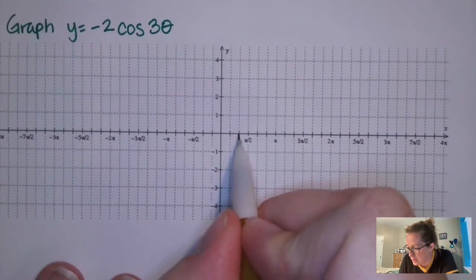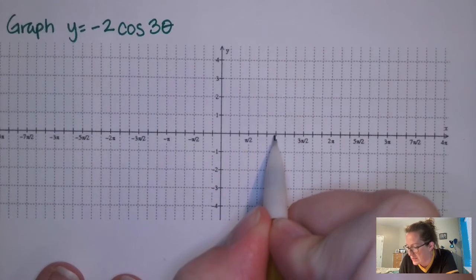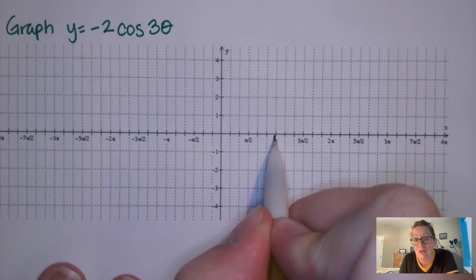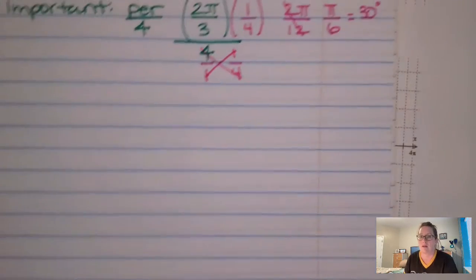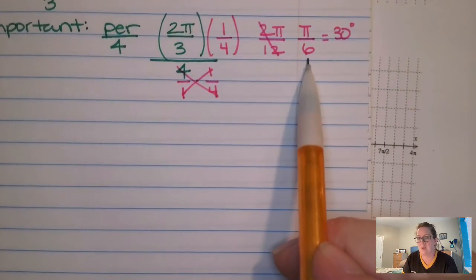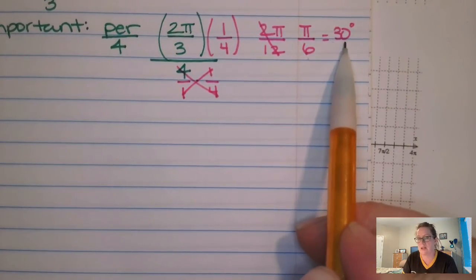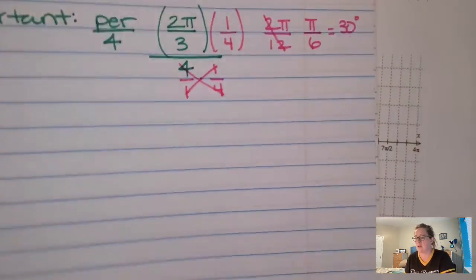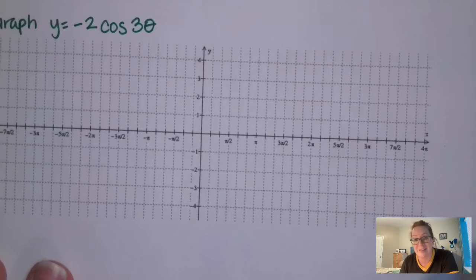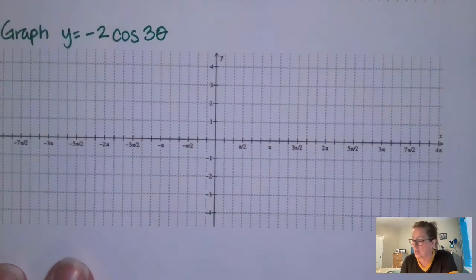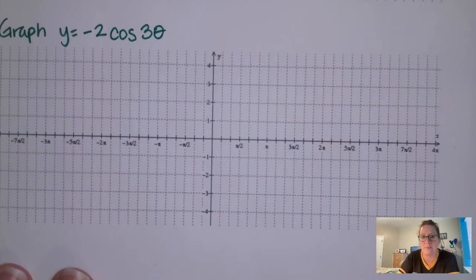So we got 1, 2, 3, 4, 5, 6. So 6 units between 0 and pi, which is a sixth of pi, which is really 30 degrees. So one of these grid lines is 30 degrees, which is how often something important is going to happen. So that's kind of convenient.